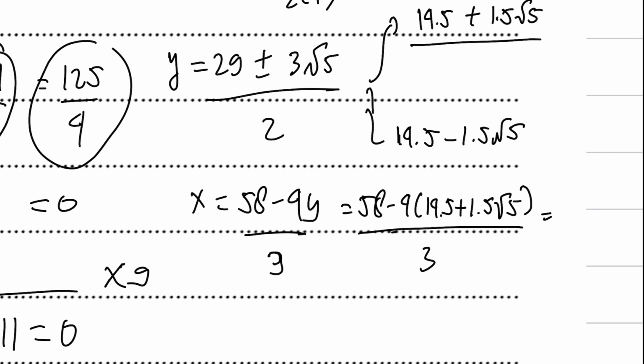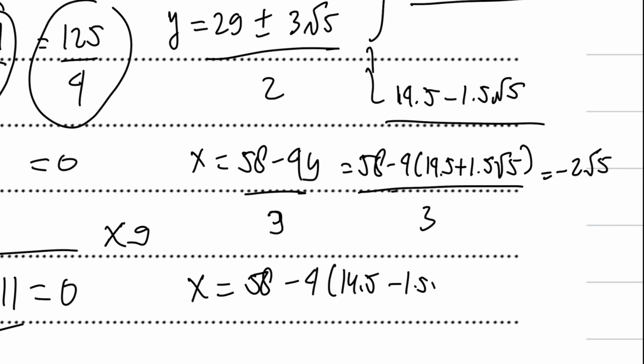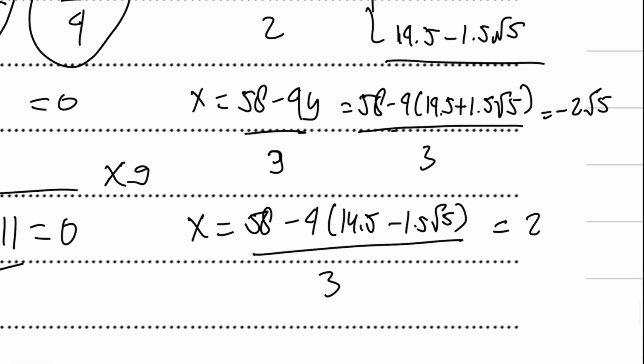For the first one, we will get minus 2 square root of 5. And then for the second x, do the same thing. 58 minus 4 times the second one, 14.5 minus 1.5 square root of 5, over 3. I know it's so ugly, but the number will be good at the end. 2 square root of 5.